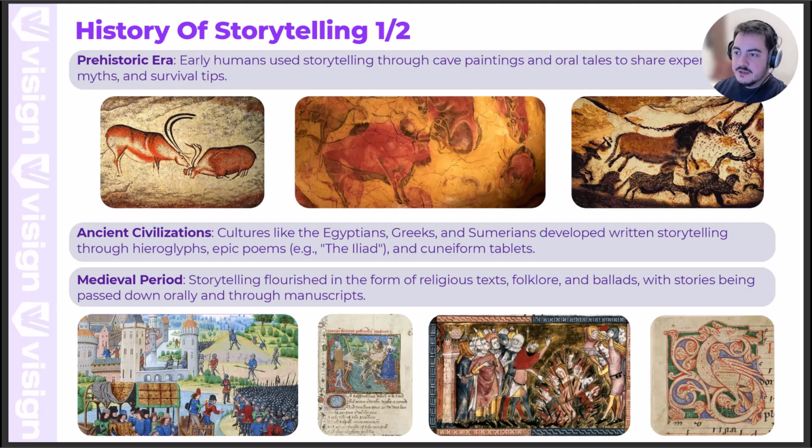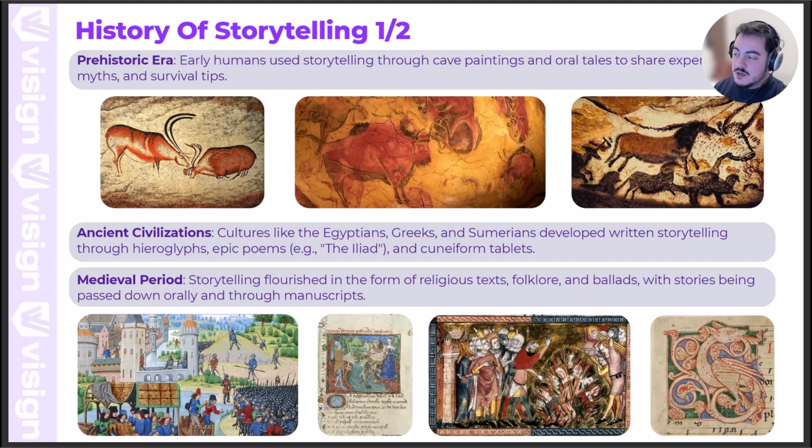And then after the prehistoric era, we go towards the ancient civilizations. We have cultures like Egyptians, Greeks, and Sumerians that developed written storytelling through hieroglyphs, epic poems, the Iliad or the Epic of Gilgamesh, and cuneiform tablets. Then we go to the medieval period, where storytelling flourished in the form of religious texts, folklore, and ballads, with stories being passed down orally and through manuscripts.